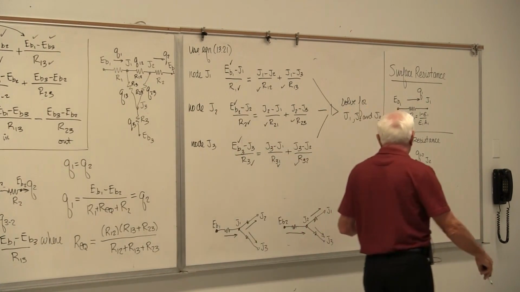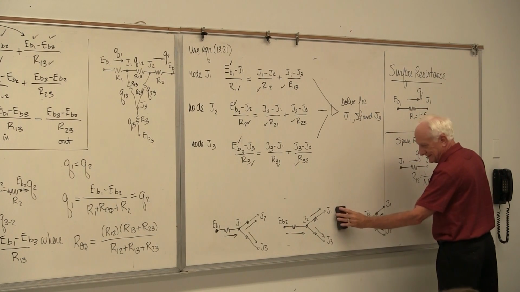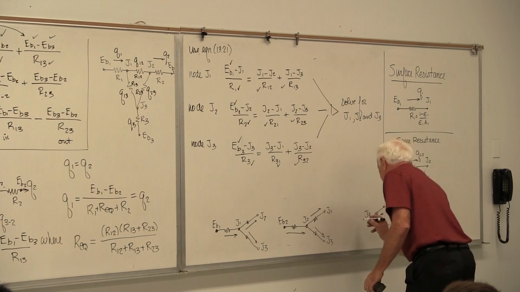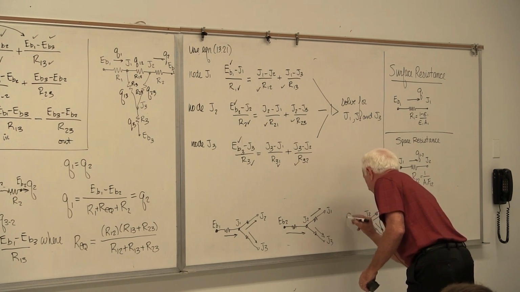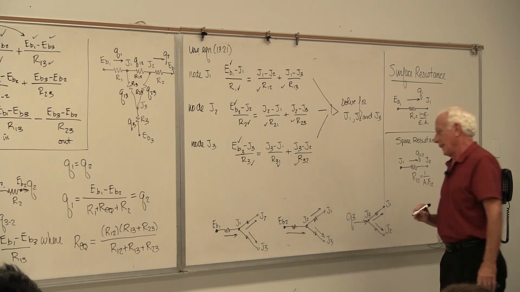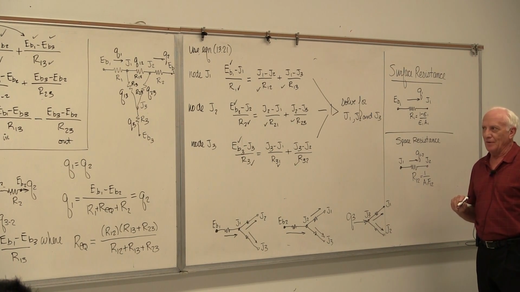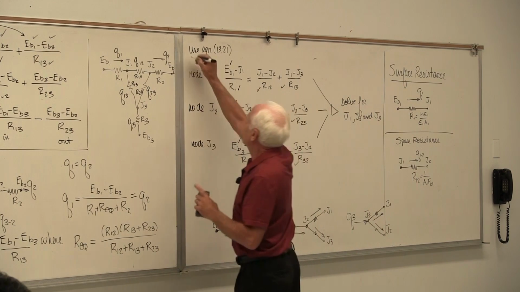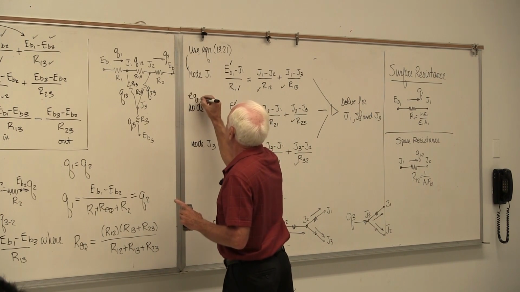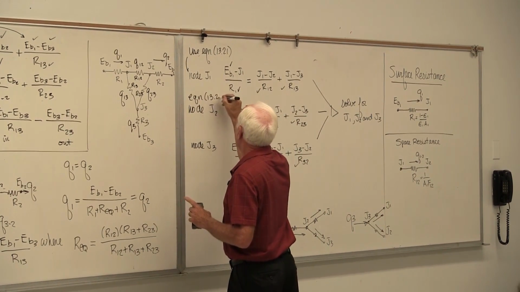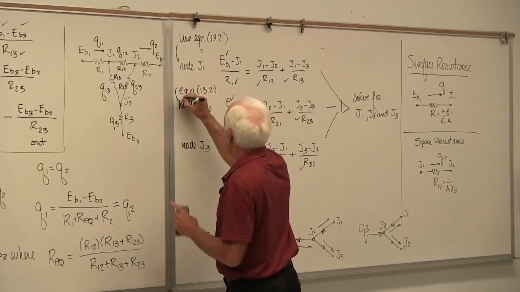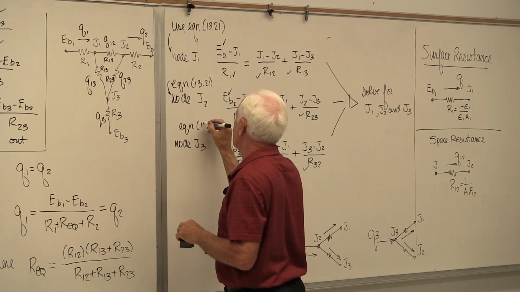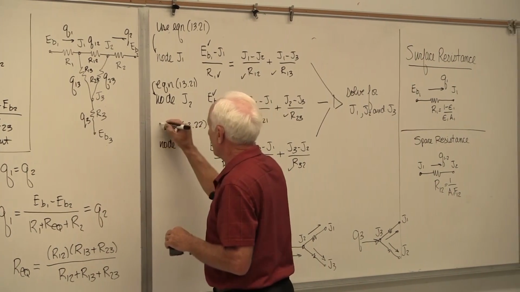Node 3 no longer looks like this. Node 3 has something that looks like this. So now we change the node 3. Now we use equation 13.22 for node 3.